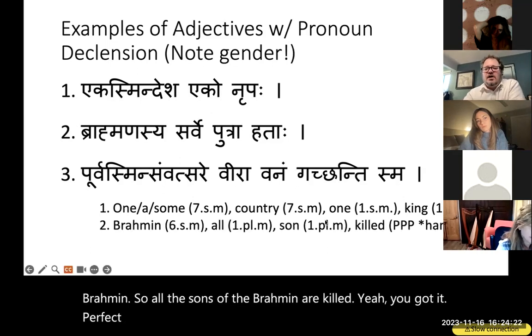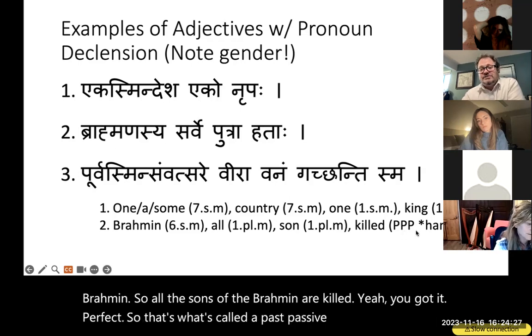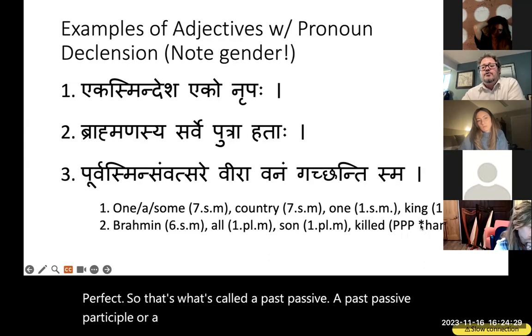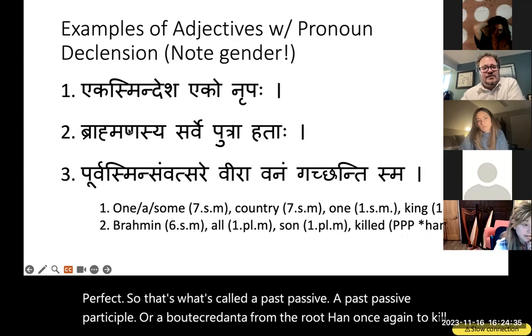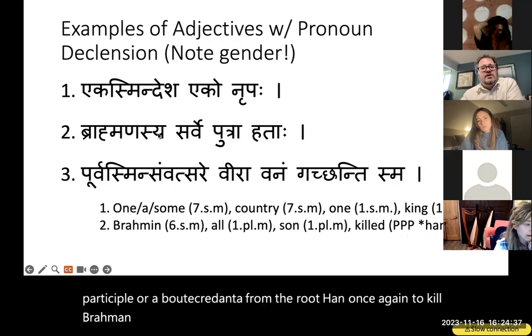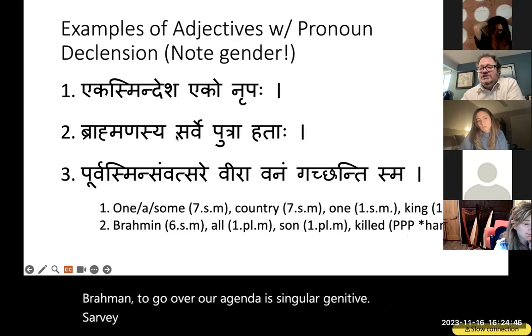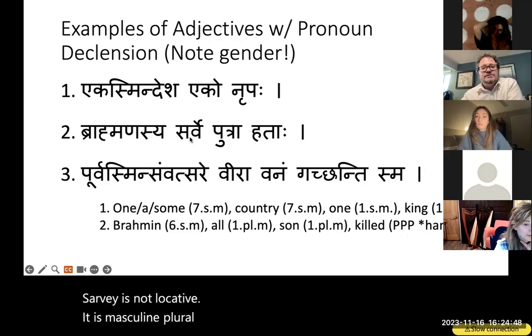So that's what's called a past passive participle, or a bhuta kridanta, from the root han, once again, to kill. Brahmin, to go over our genitive, is singular genitive. Sarve is not locative. It is masculine plural. So this is one of those adjective pronouns.